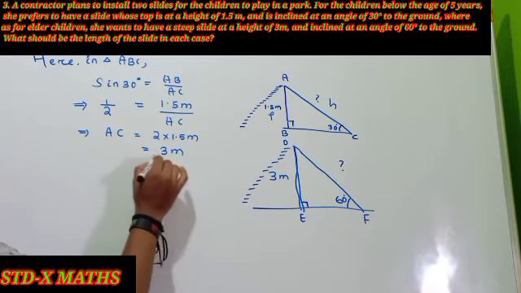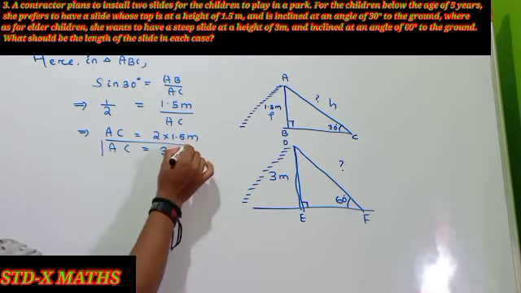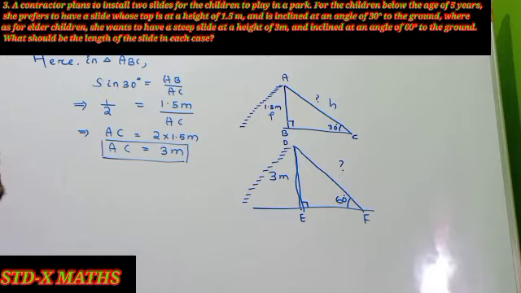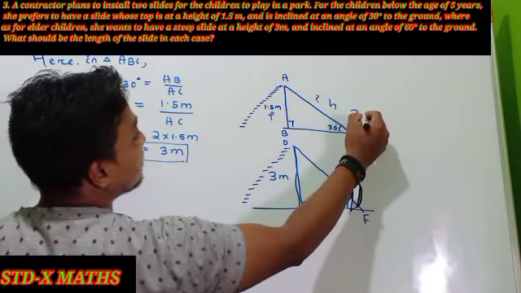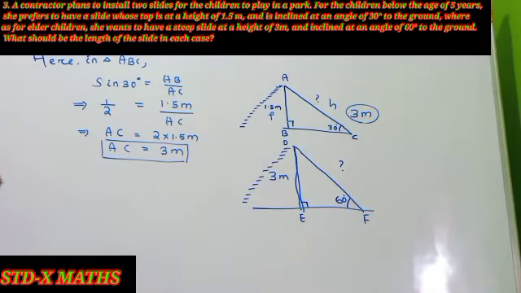So the length of the slide used for children less than 5 years is 3 meter. Length of this slide is 3 meter.